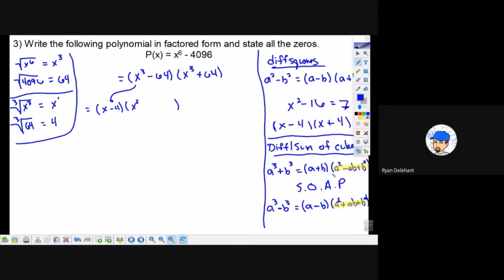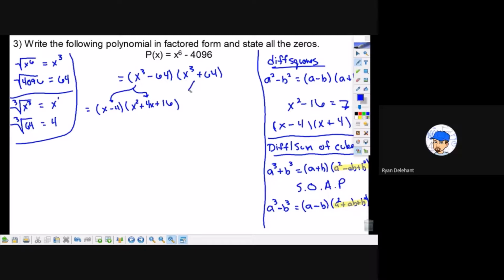And we're minus, so we're down here, so the next thing's plus. And x times 4, which is 4x. And then 4 squared is 16. And remember, the last one is always positive. So this factors into these two things. And we've actually found one of the roots that we saw on the graph. We see the positive 4 here.